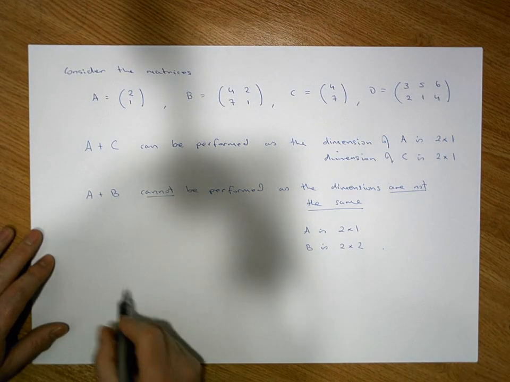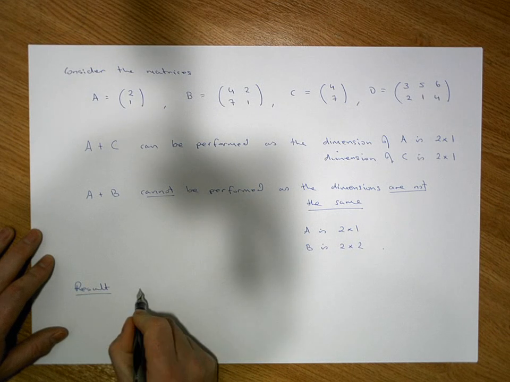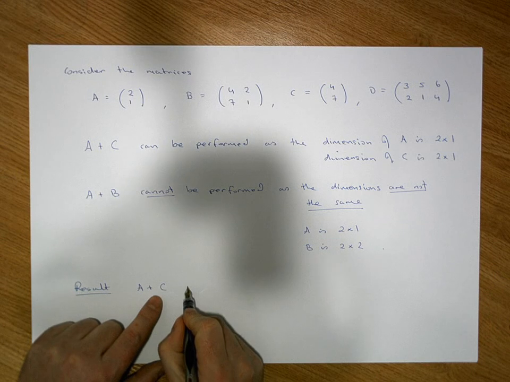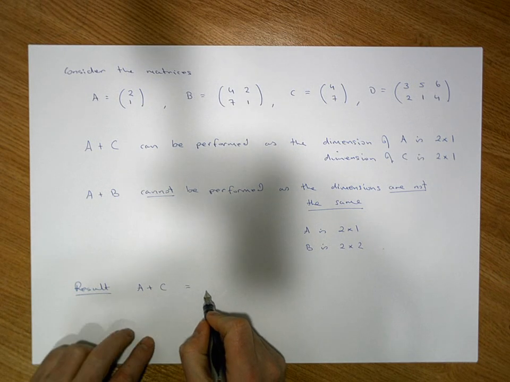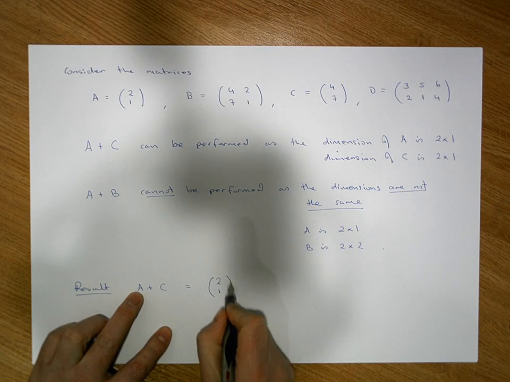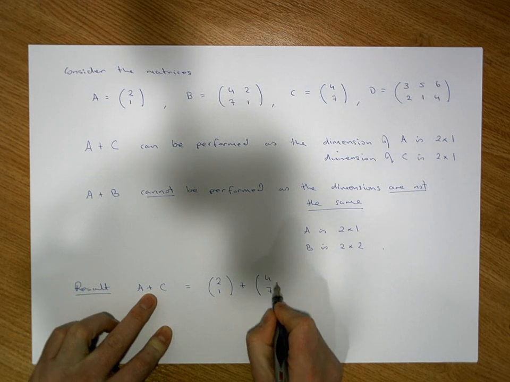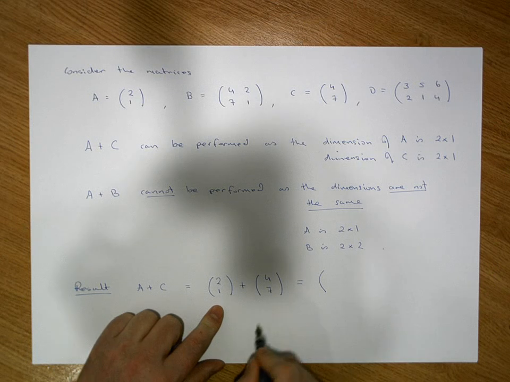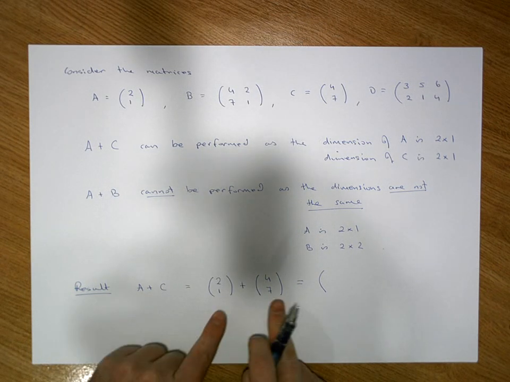So the result of adding A plus C: to add two matrices together, what we do is we add similar entries. A is 2, 1, plus C is 4, 7. The resulting matrix is going to be a new matrix that has the same dimensions as the previous matrices.